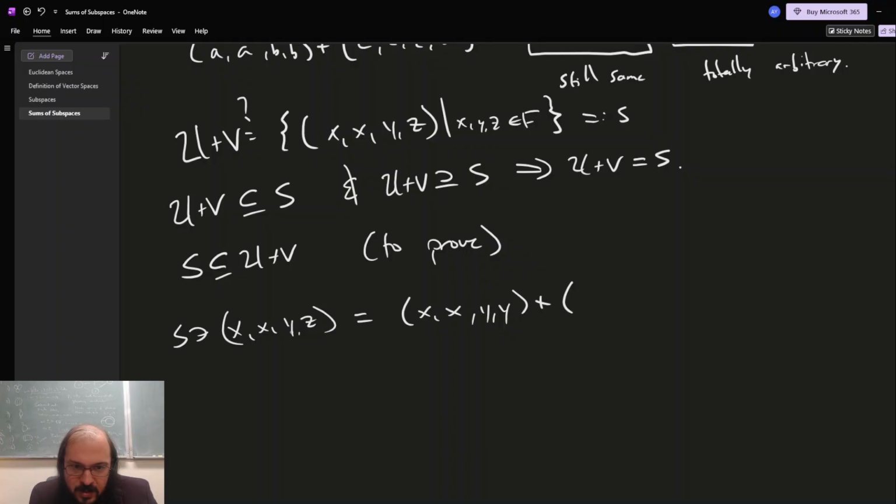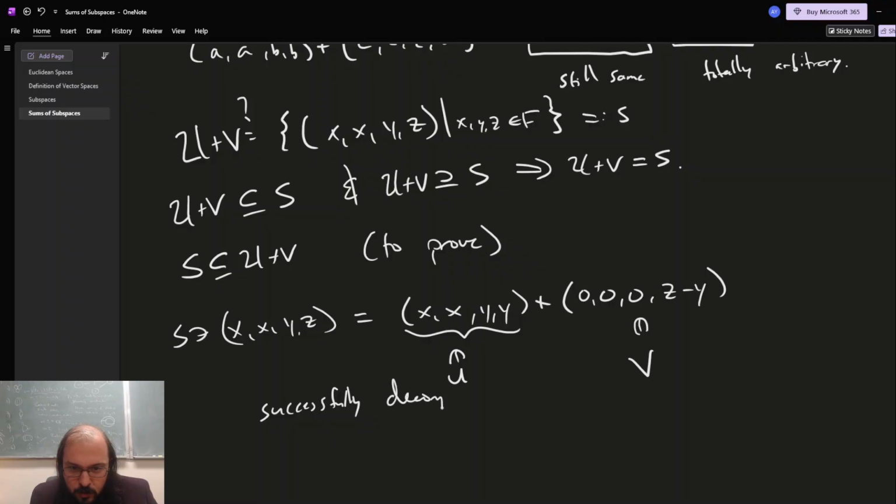What am I missing to get this particular vector? Well, these guys are already right. This guy's already right. Here I have z minus y, right? I've subtracted off y from z. And then you notice that this lives in U and this lives in V. And that's what I wanted to prove. So we successfully decomposed S into U plus V.